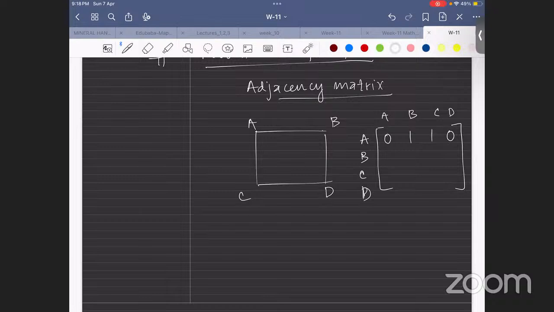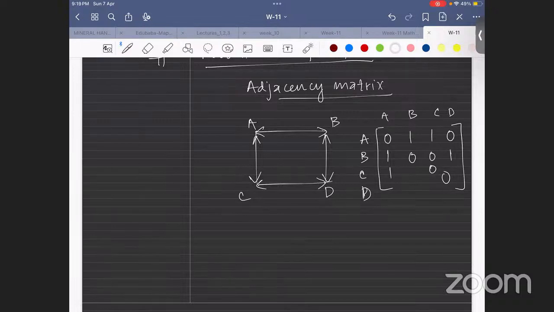B to A, what is the value? B to A is 1, because it is an undirected graph, so you can represent it like this. B to B is 0, B to C is 0, and B to D is 1.